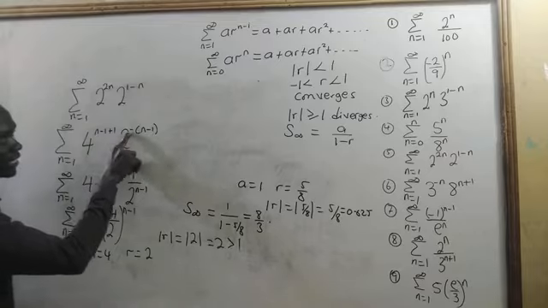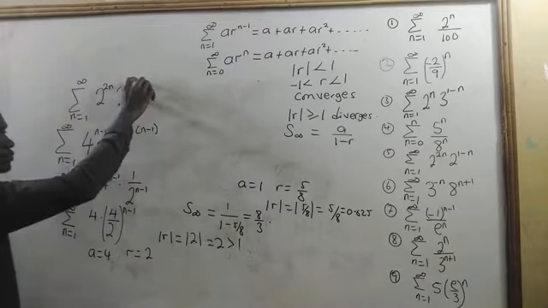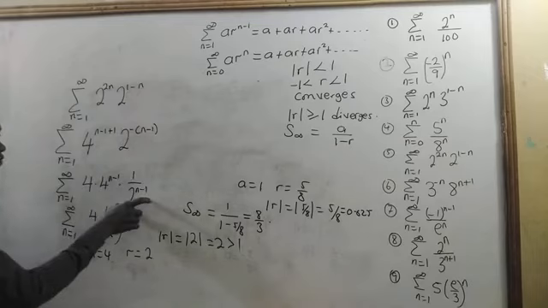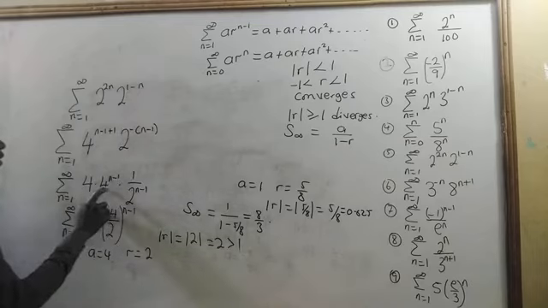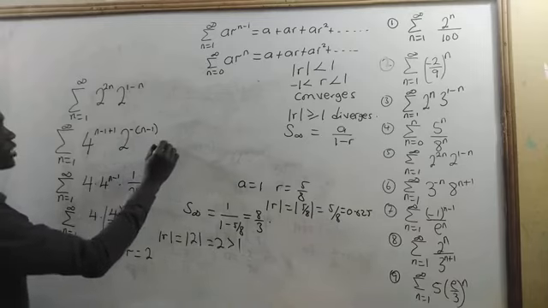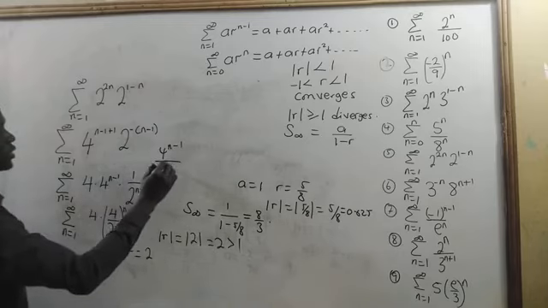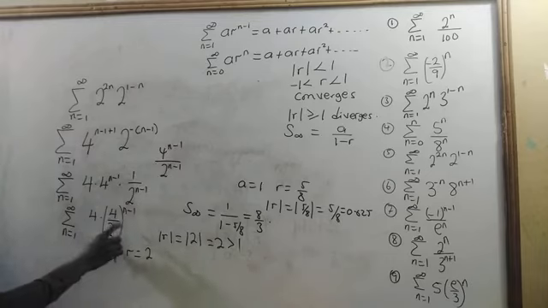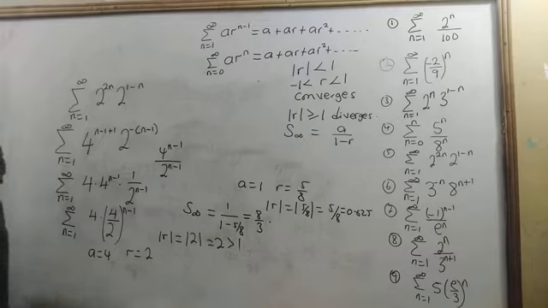If you send the negative inside, you come back here. And this can be written in this form. This time this will give us 4 exponent n minus 1 divided by 2 exponent n minus 1, which can be simplified to this form. That is that.